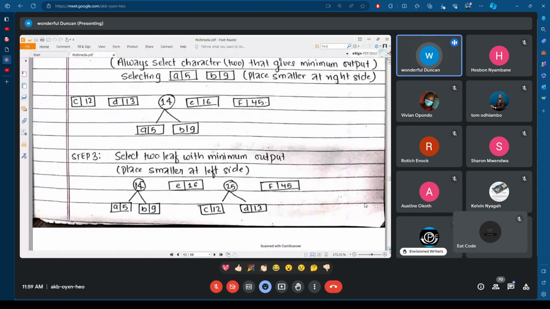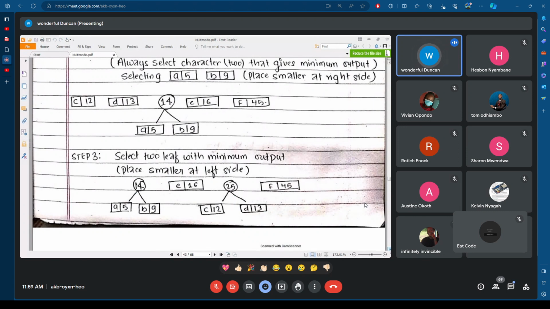I wish, if you are in class, we could do this using the whiteboard, or if I had a writing pad. Maybe I'll try and see when we are online how I can be writing. There is a way we can do that. But for now let us just use whatever we have.